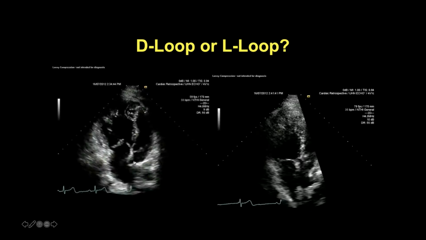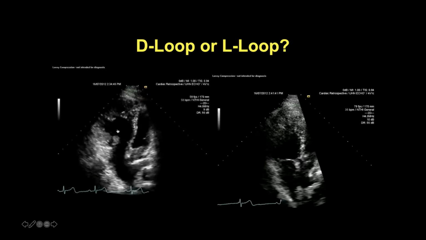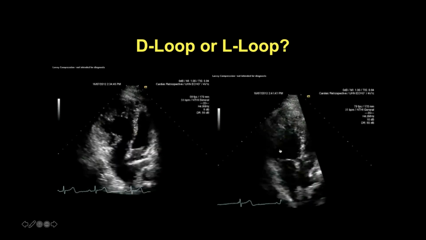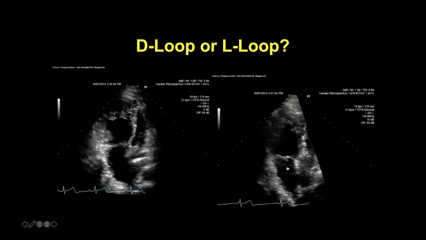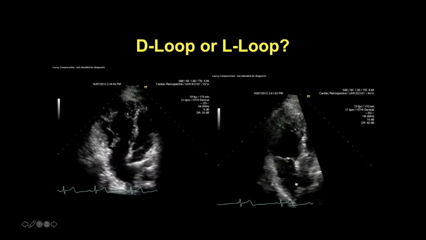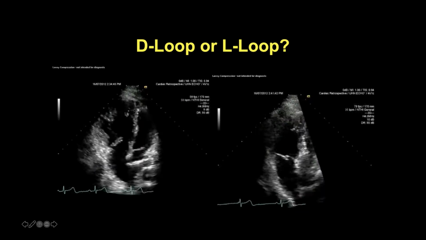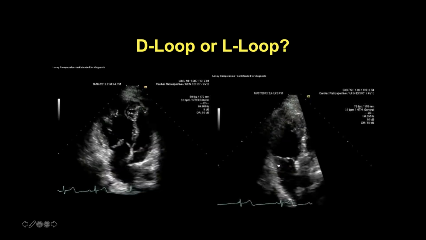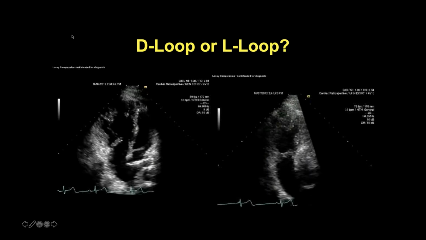This is a patient with a Mustard procedure again. That's a D-loop. And you can again go to the apical view, go very anteriorly, and you see here the parallel position of the great arteries, the aorta is to the right, then you have the D-position of the great arteries.